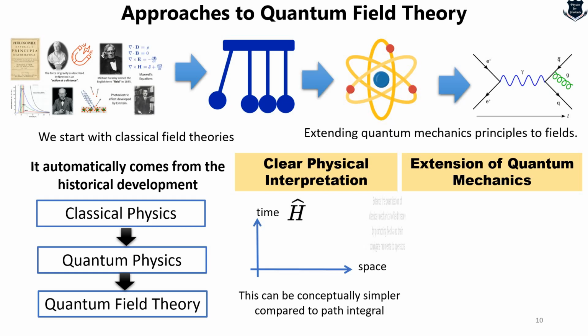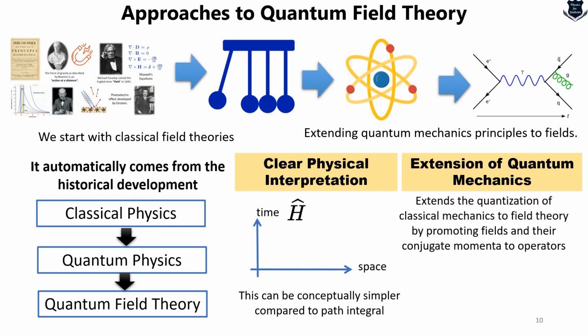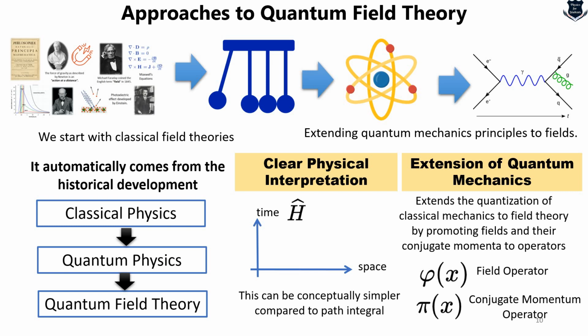In the case of quantum mechanics, it extends, for example, a classical field that describes a physical quantity, such as electricity or magnetism. This formulates the system using the Hamiltonian, where the field gets extended. So we have a field operator, and then we have a conjugate momentum operator.